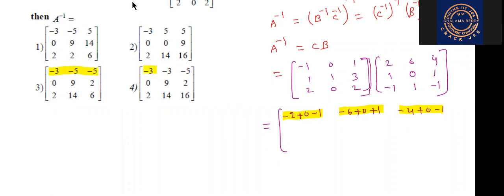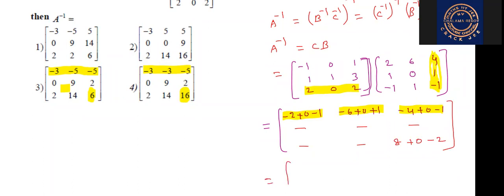This is there in two options, so we need to multiply some more elements. See here, 0 9 2 and 0 9 2, 2 1 4 and 2 1 4. What is the difference? 6 and 16. That means multiply third row, third column, and you get the answer. I am not multiplying the other elements. Third row, third column: 2 4s are 8, 0 into 1 is 0, 2 into minus 1 is minus 2.